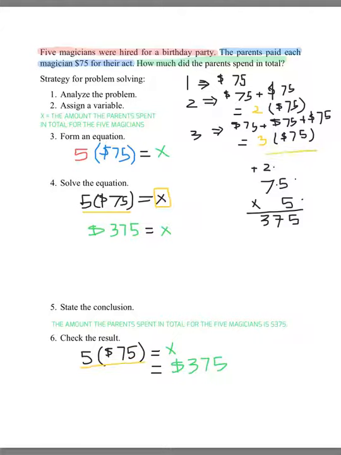Luckily for us, we already did that as scratch work on the side, and we know 5 times 75 is equal to 375. So we're just going to carry that on down. So we have 375 on the left of the equal sign, and 375 on the right-hand side of the equal sign. And the question is, are they indeed equal? Is 375 equal to 375? And yes, it is. So therefore, our solution is correct.